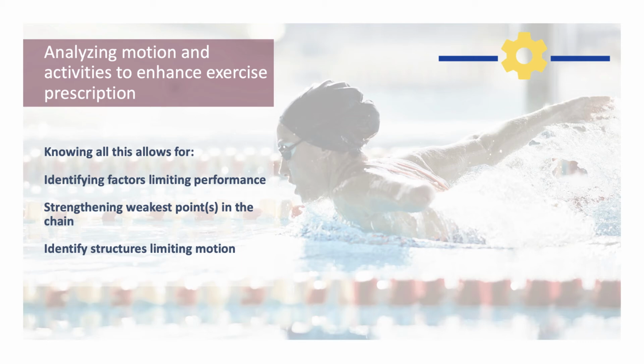This often will include identifying structures that are limiting motion. Maybe you have structures that are tight, muscles or tendons, muscular tendinous units that are limiting motion because of tightness, or they are altering movement patterns because of weakness, and so on. So in this class, that's really the focus here, is to be able to analyze motion, then to examine what aspects may be limiting performance in those motions.